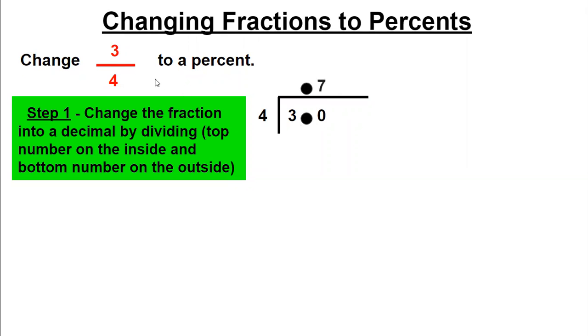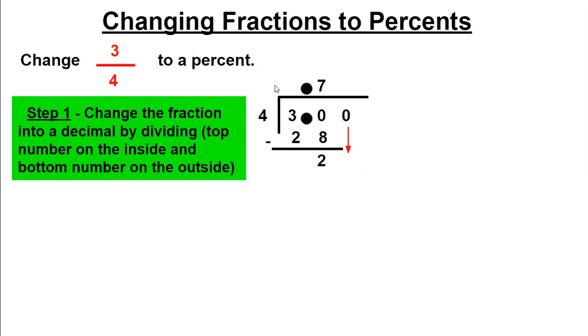So 4 goes into 30 7 times. Notice how I put the 7 over the 0 because I took it into the whole two numbers of 30, okay? So 4 times 7 is 28, and I subtract 30 minus 28 is 2, right? Now I'm going to add another 0 here, and I'm going to bring it down.